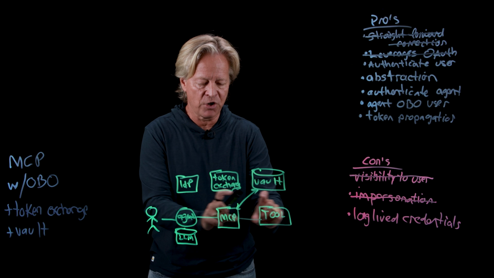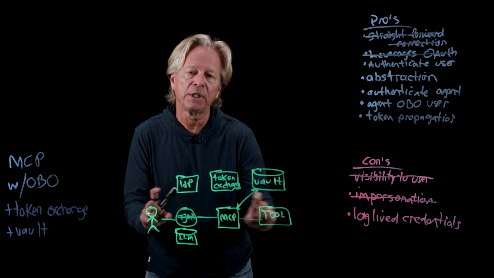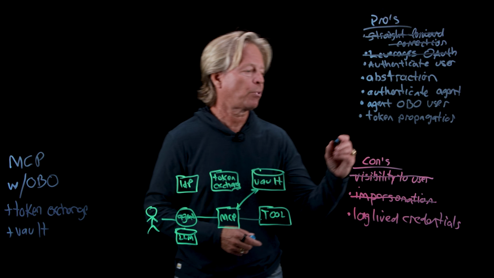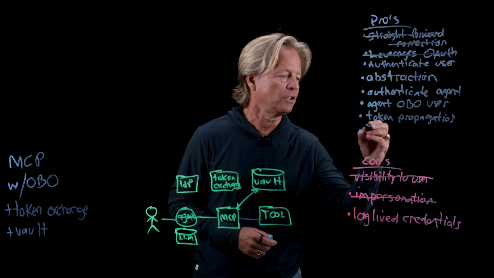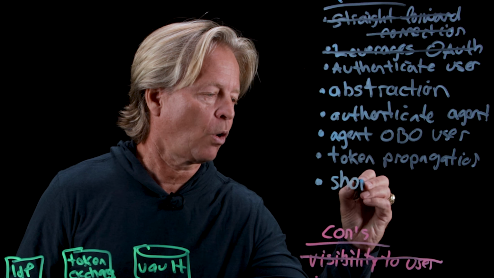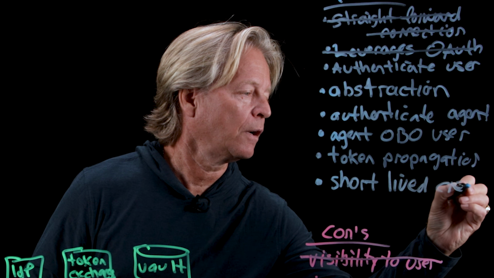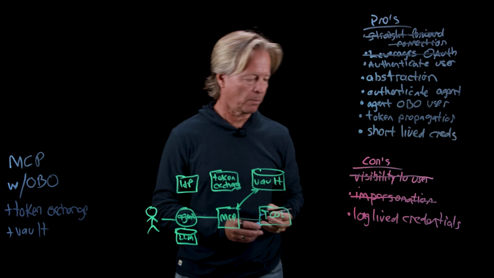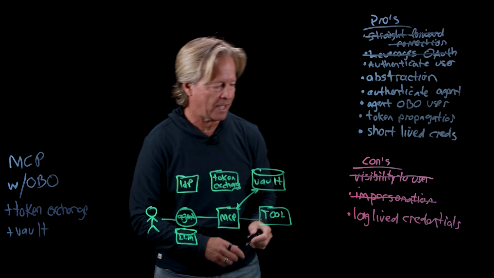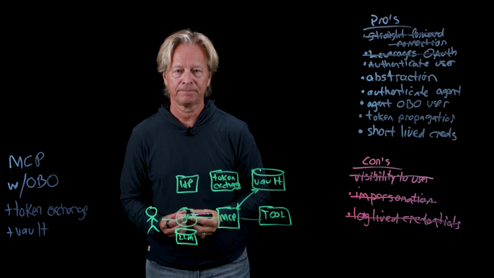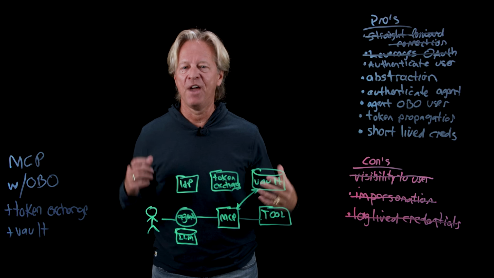So now this agentic flow is using only short-lived credentials, and this is a really nice pro that we are bringing into this whole pattern. Short-term lived creds. And of course, adding that eliminates that whole piece.